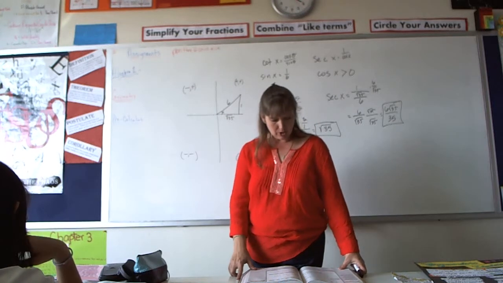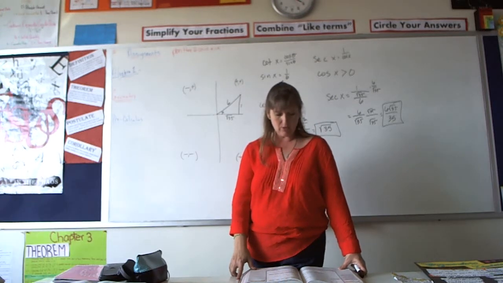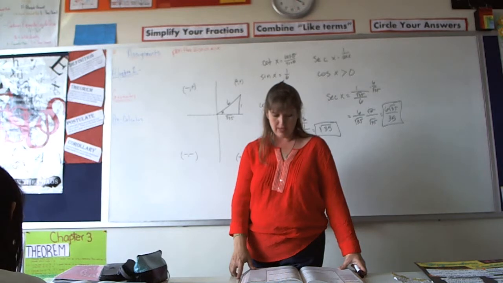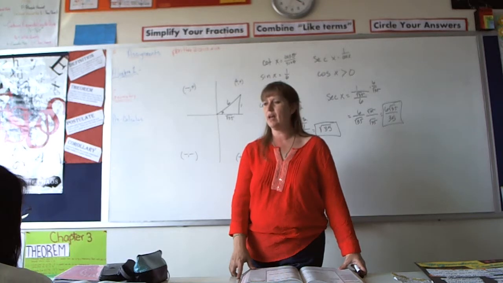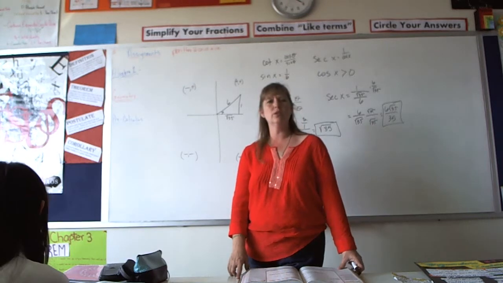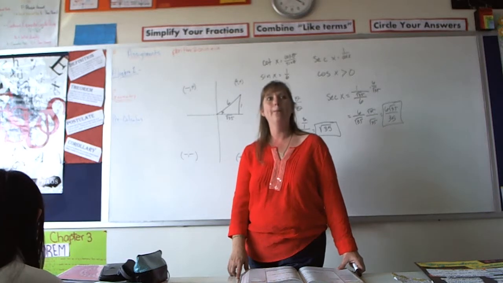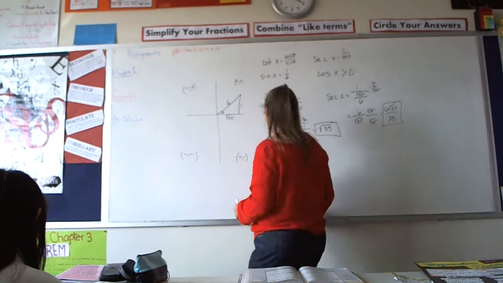A trigonometric function f is a cofunction of another trigonometric function g if f of alpha is equal to g of beta. They have the same values. Do you know any trig functions that work together like that? Let me write down some.